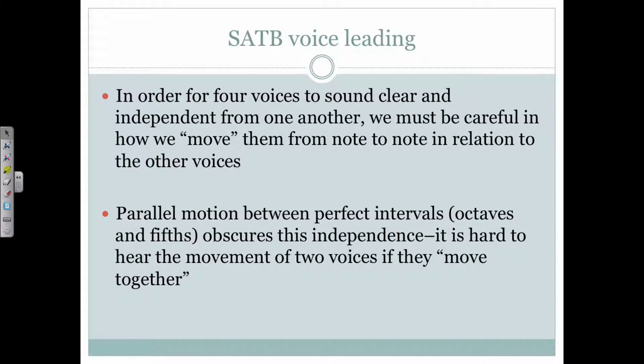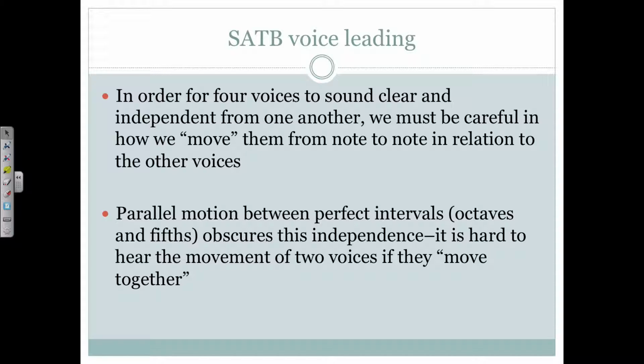In order for the four voices of SATB, soprano, alto, tenor, bass, to sound clear and independent from one another, we have to be really careful in how we move them from note to note in relation to the other voices. And when I say we have to be careful, we want them to always sound independent so that we would hear a clarity in the harmony.